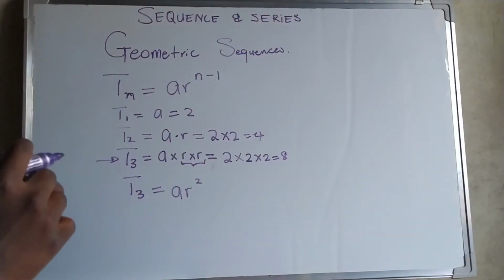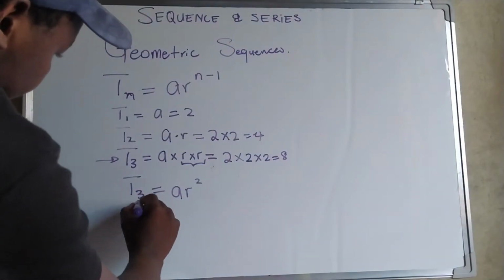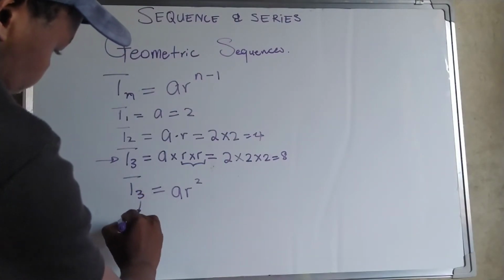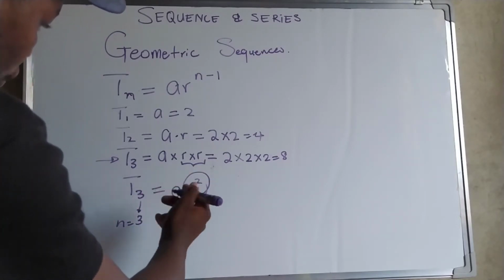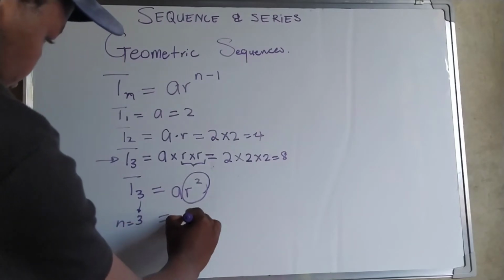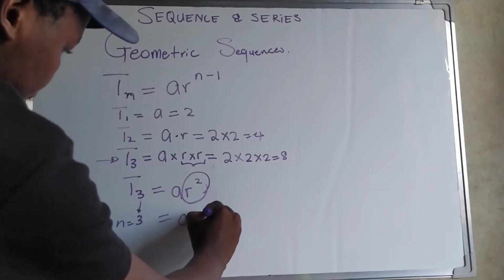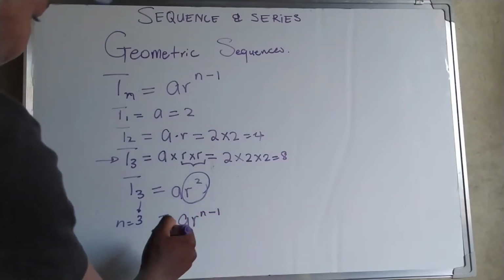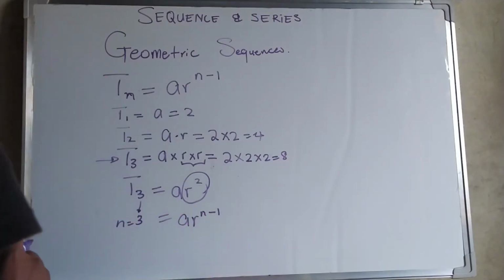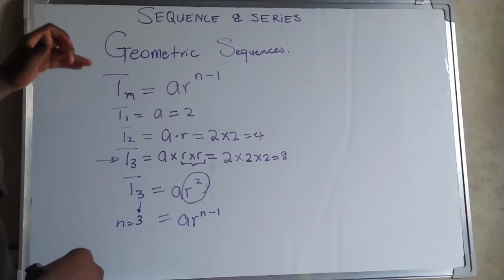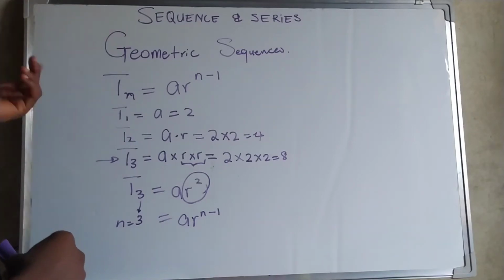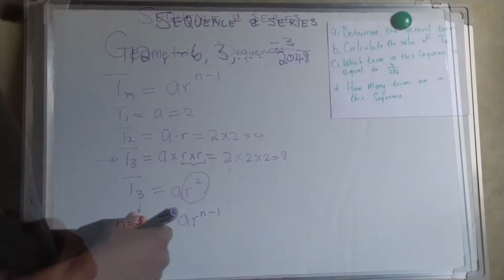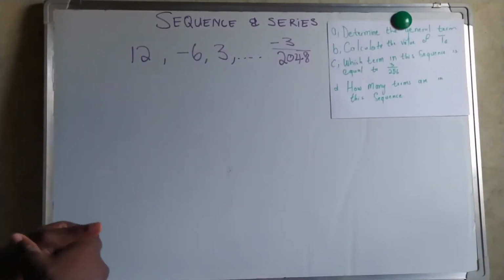But what we then realize here is that if n is equal to 3, on this side we have 1 less, okay? So we have the form A R to the n minus 1. That is how this equation comes about, okay? Let us go to examples, and then we see how this equation is actually applied in solving questions on geometric sequences.